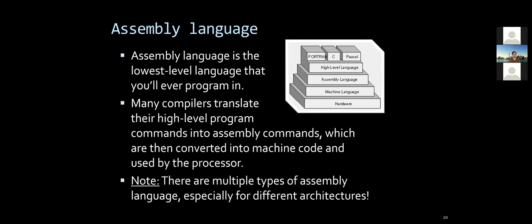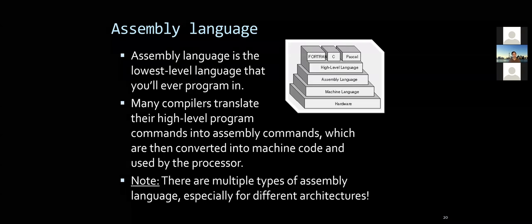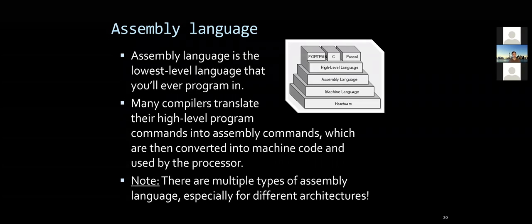Essentially, the assembly language is located at the bottom of the systems part before the hardware starts to run. Assembly language is the lowest level language that you'll ever program in, except maybe if you were building hardware, where you would do something more low level, but that's the lowest level programming that you can have.